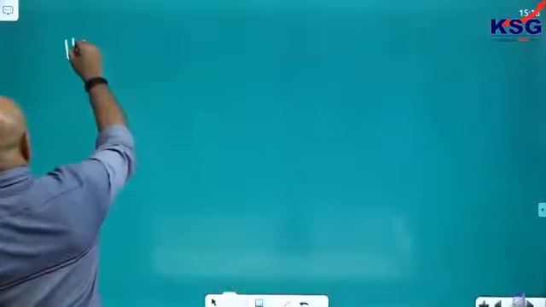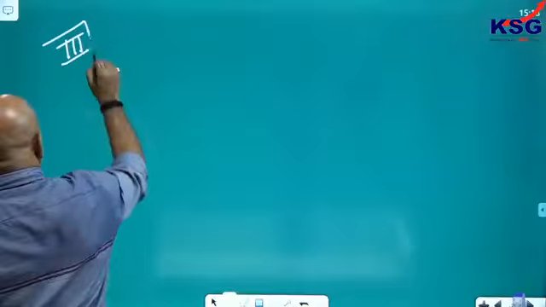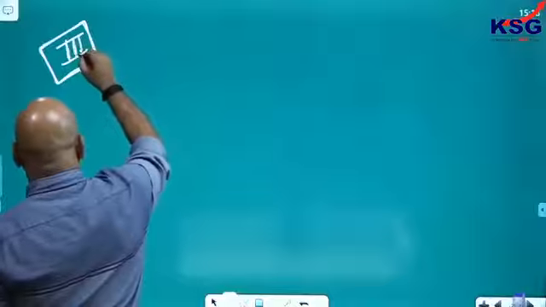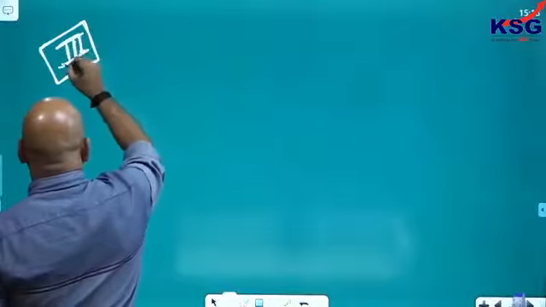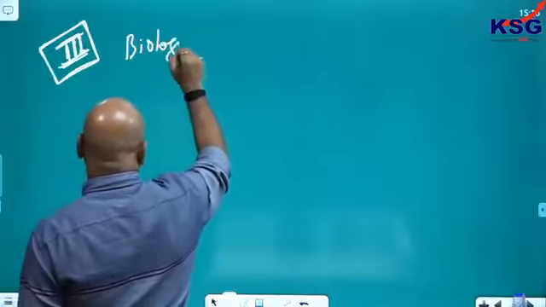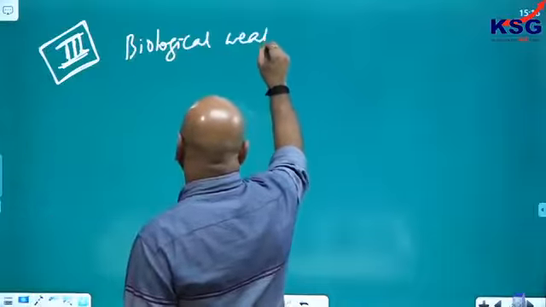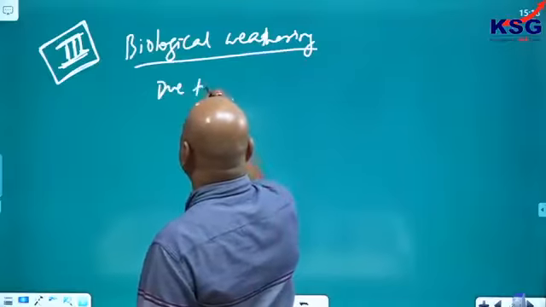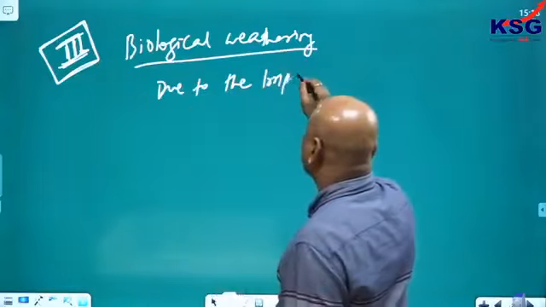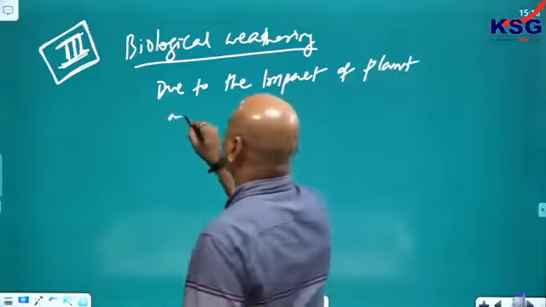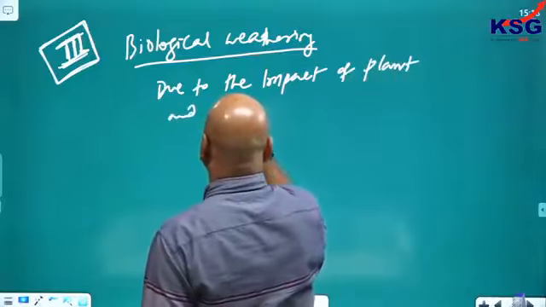Chemical weathering. Third one is biological weathering, due to the impact of plant and animal, living beings.